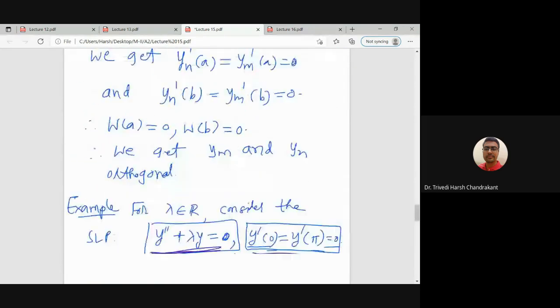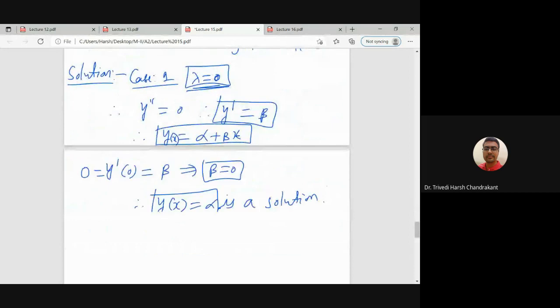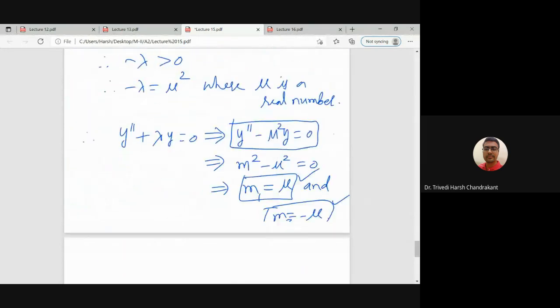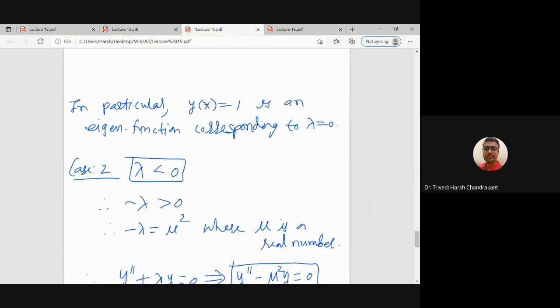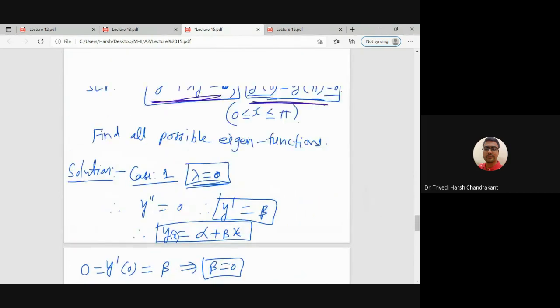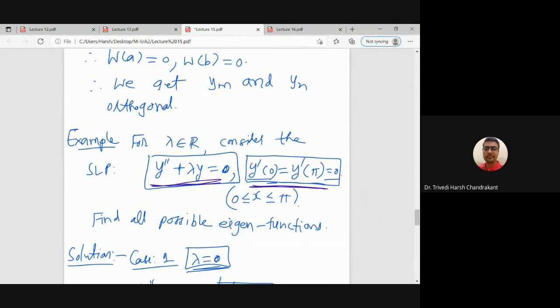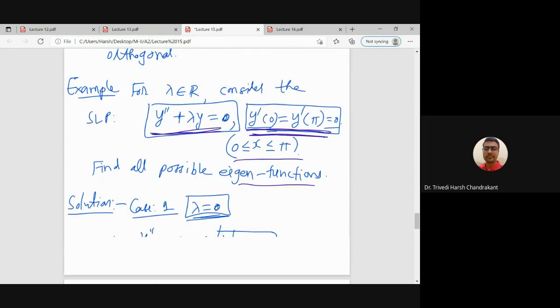Here the end points: we are considering the closed interval 0 to pi, and we want to find all the possible values of lambda for which the corresponding solution y is non-zero. They are the eigenfunctions.